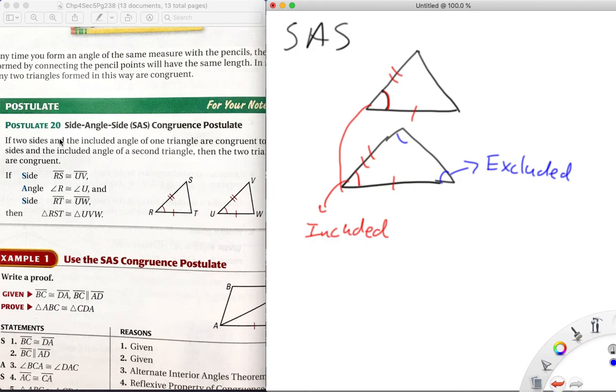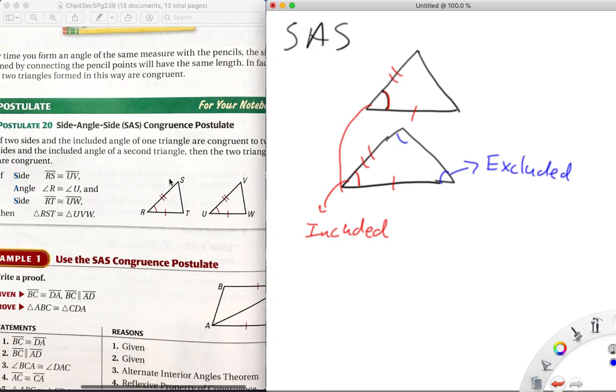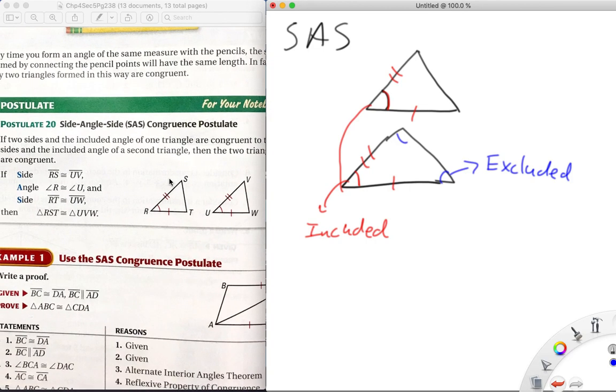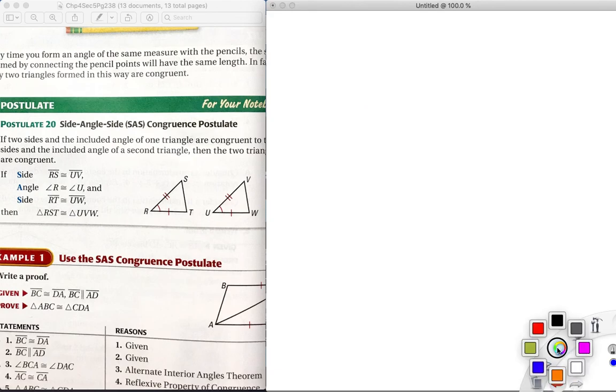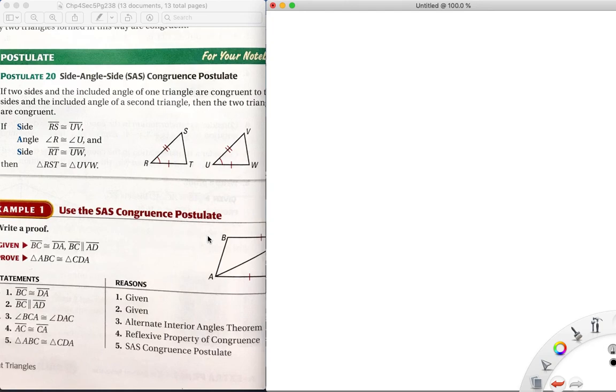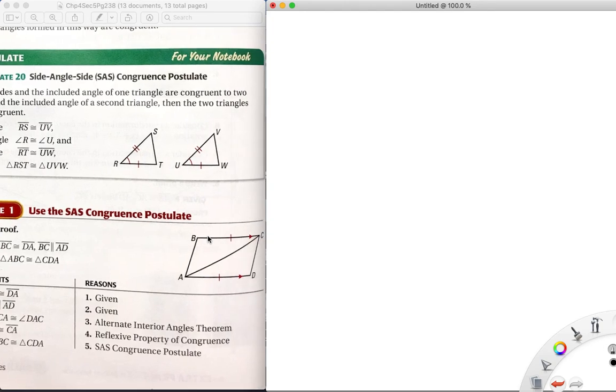So looking at the postulate, this is a postulate. If two sides and an included angle of one triangle are congruent to two sides and an included angle of the second, then the two triangles are congruent. That is side angle side. So in the case of this guy in the proof, we have BC parallel to AD.